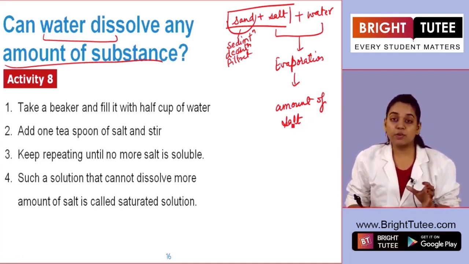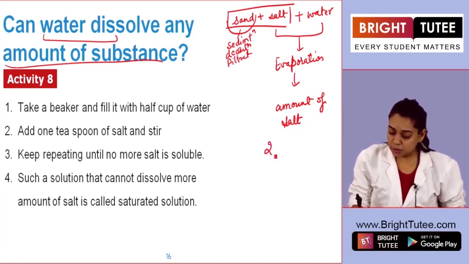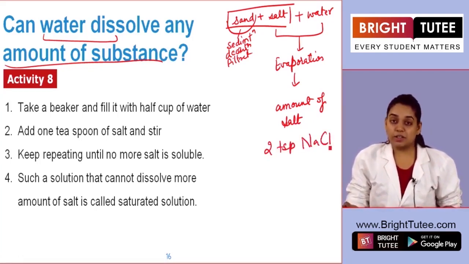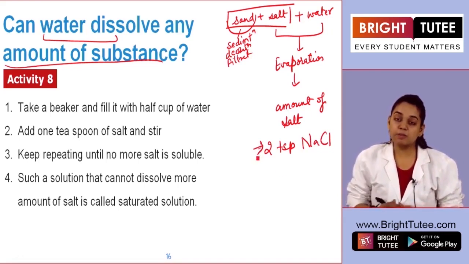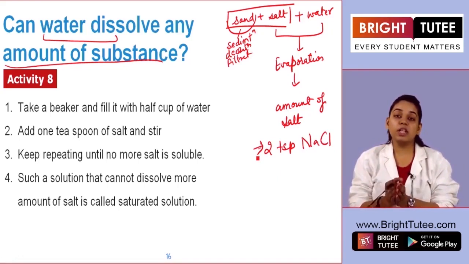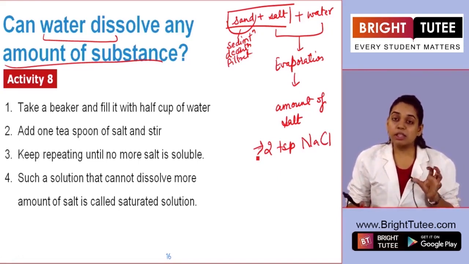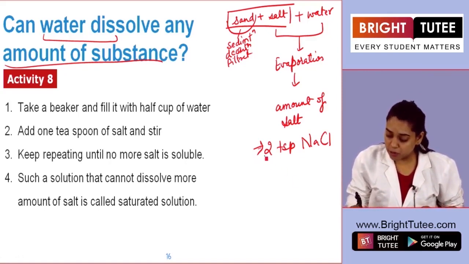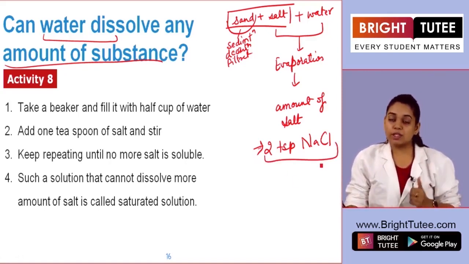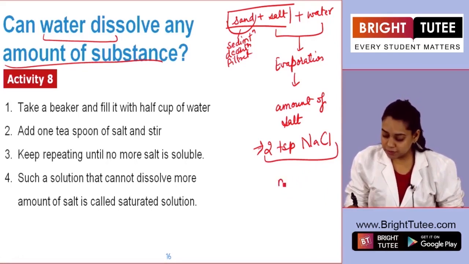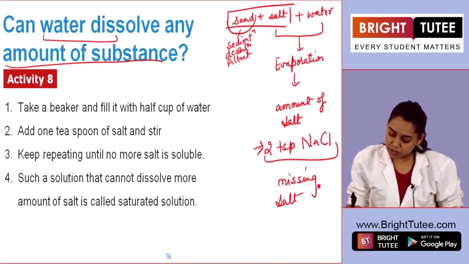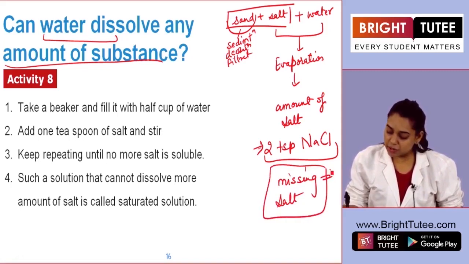She had dissolved 2 tablespoons of salt, whose chemical name is NaCl, but what she recovered was a very small quantity, and she was really surprised at the amount of salt that was obtained. So it was clearly a case of missing salt. We have this mystery: where is this missing salt?